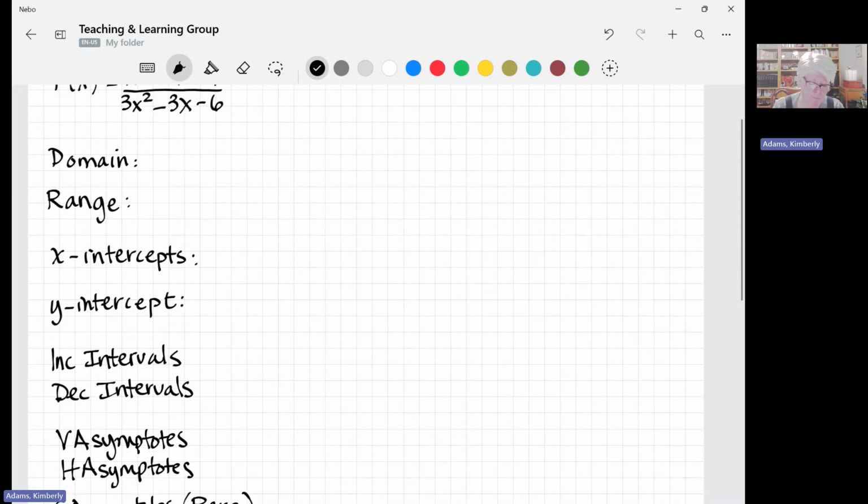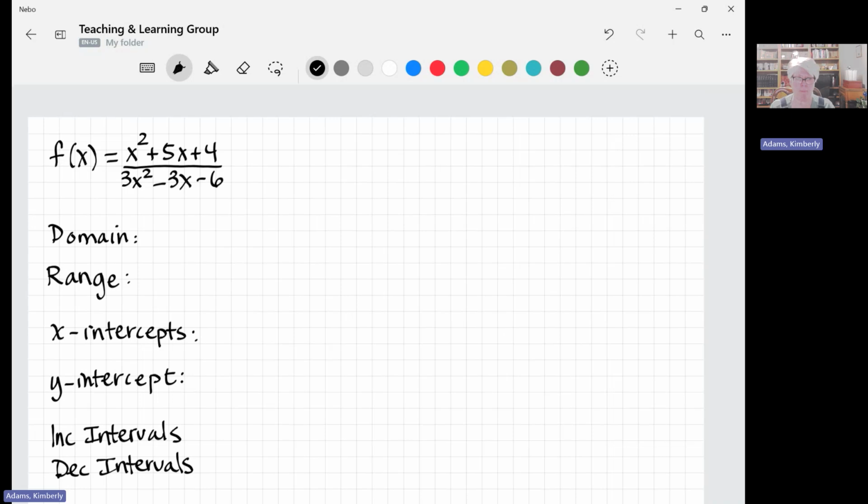So let's start at the top. To find the domain of the function, you want to set the denominator of the fraction equal to 0. But to start with, maybe let's factor the numerator and the denominator.